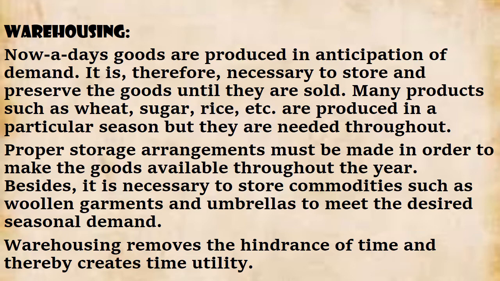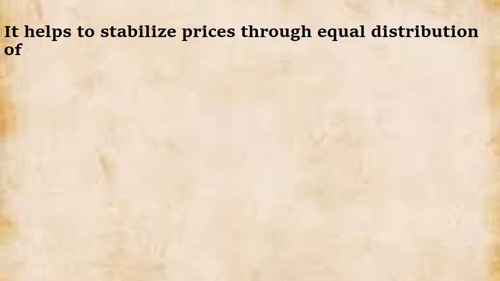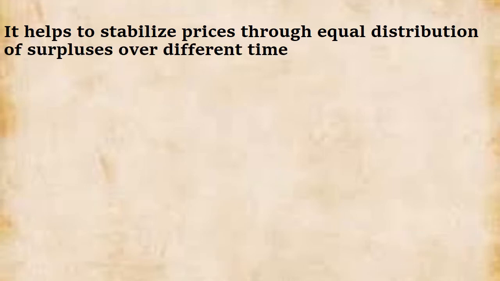So we know what time utility is. Time utility is when goods are stored to be provided in those seasons, off seasons, or those seasons when they are demanded by the consumers. It helps to stabilize prices through equal distribution of surpluses over different time periods.